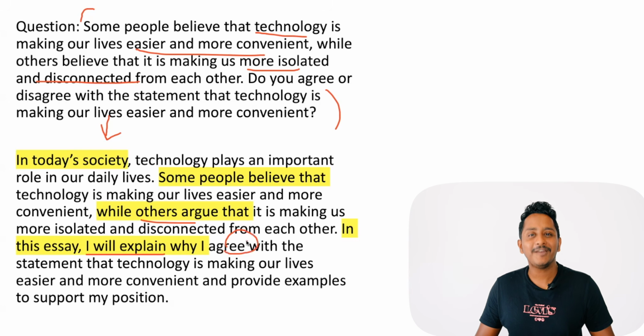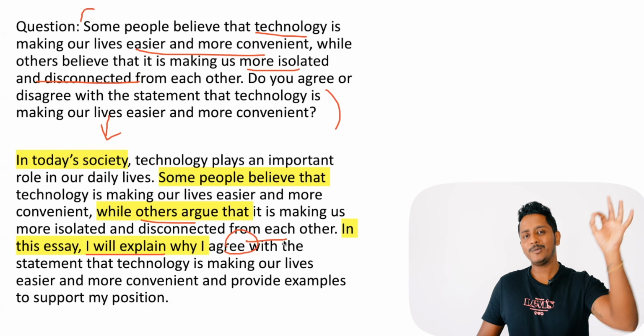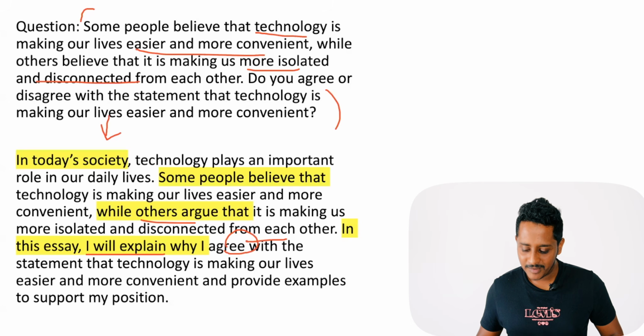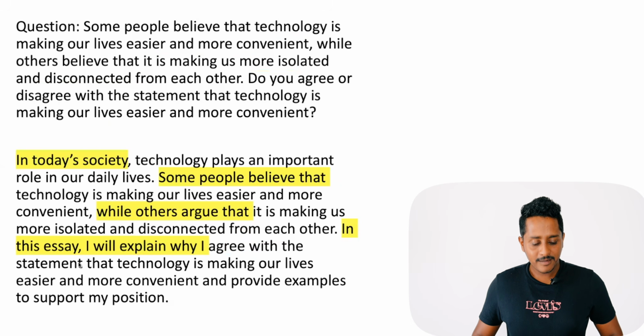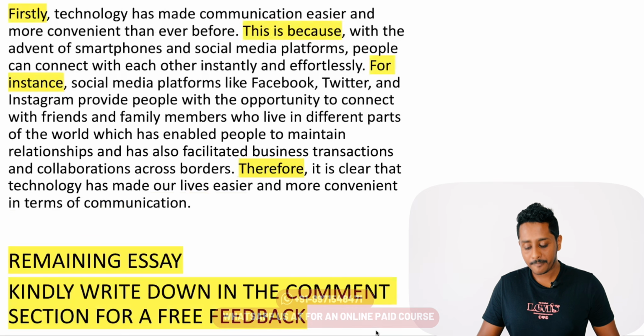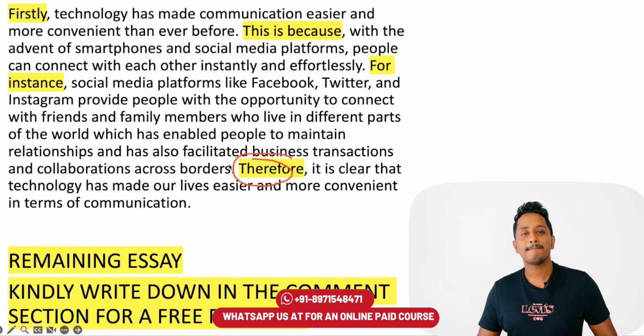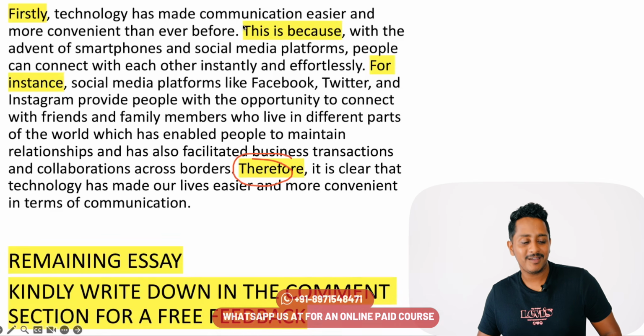This is very important. Same structure I am telling you for any agree-disagree essay you can write, just that you need some practice, less than a minute. For sure you can write it down. And I agree with the statement that technology is making our lives easier and more convenient. Firstly, this is because, for example, therefore. First, technology has made communication easier.